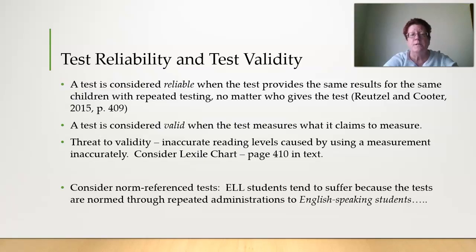There can be a threat to validity that we need to be aware of. What can happen is we can get inaccurate reading levels, and that's caused sometimes by the way the test is used or the test is written. So we have to be careful about that. The Lexile chart on page 410 in your text shows the Lexiles of where your students ought to be at any point in time in particular grade levels.